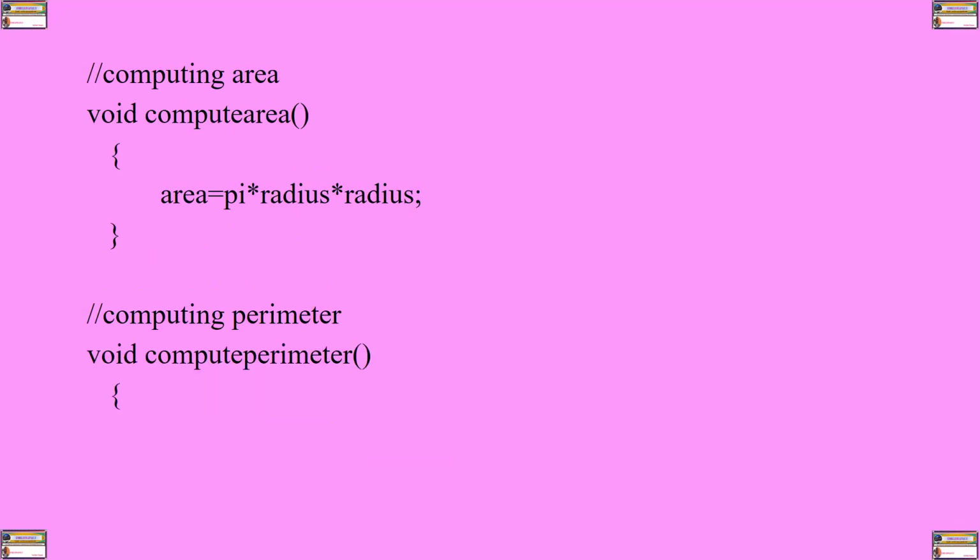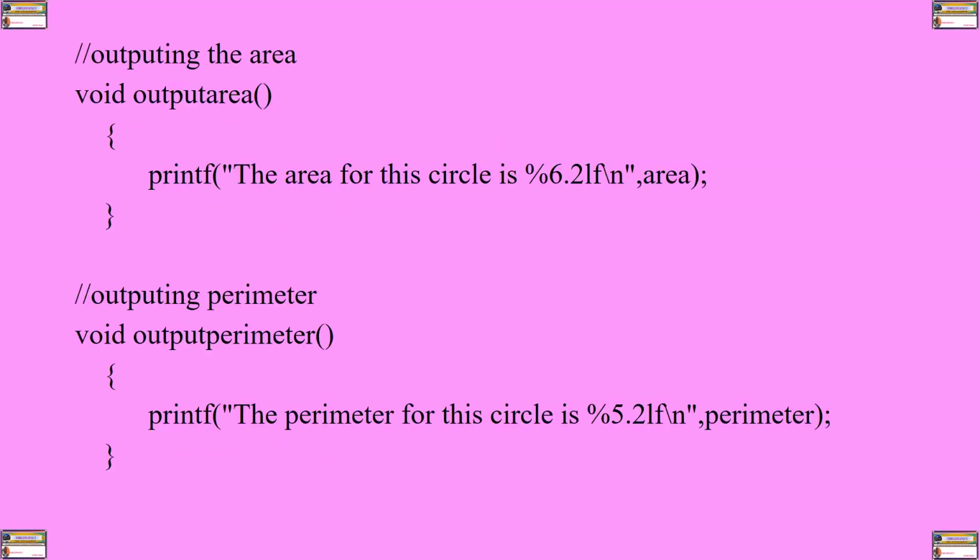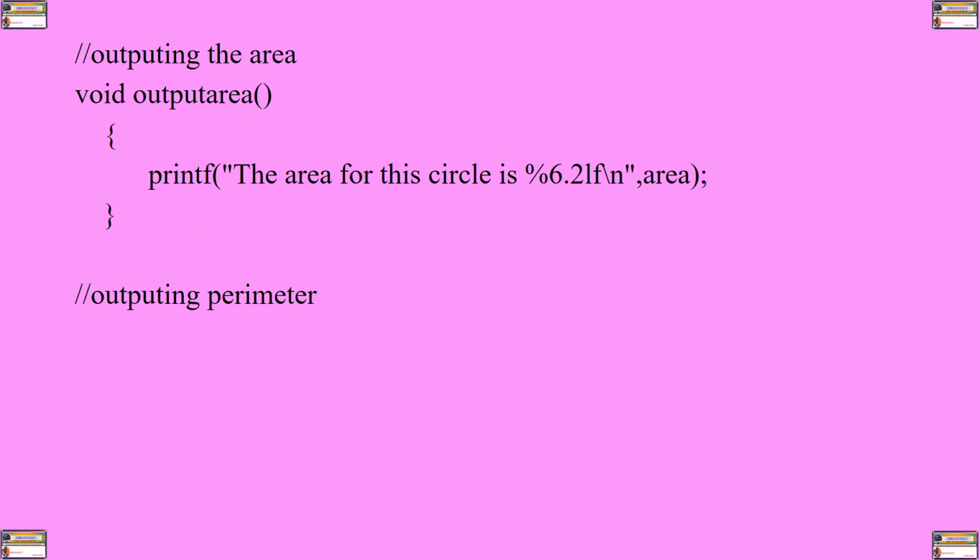Then it will perform this activity, and once it is executed and this brace is encountered, the control will be taken back to the main program, to the next line, which is output area. Once this function is called, the control will be taken to the function definition called output area.